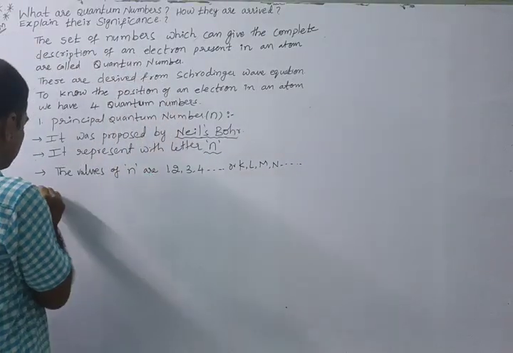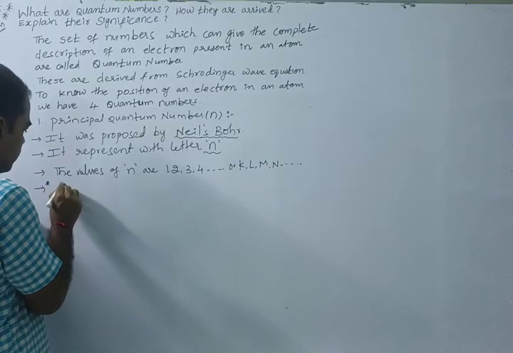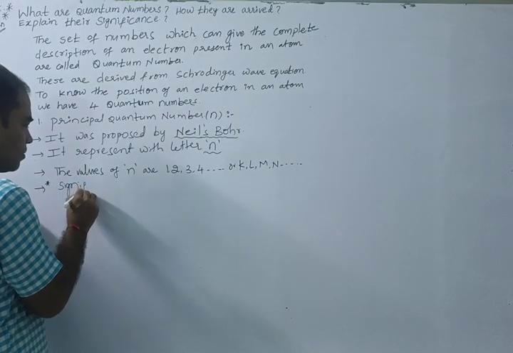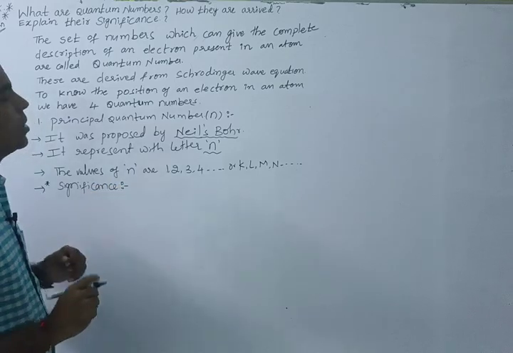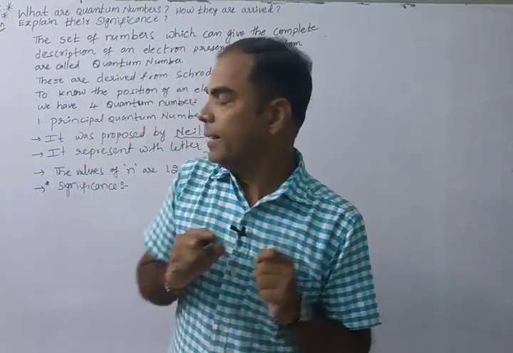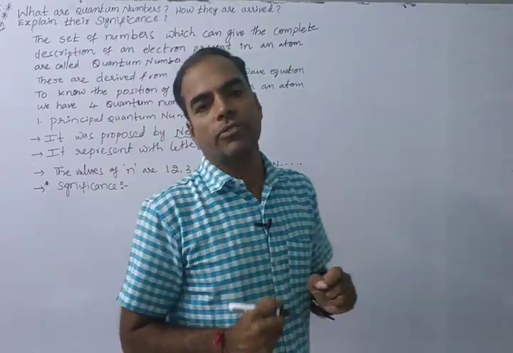Okay, next. The most important point is the significance. Mainly it describes the size and energy of the orbit.